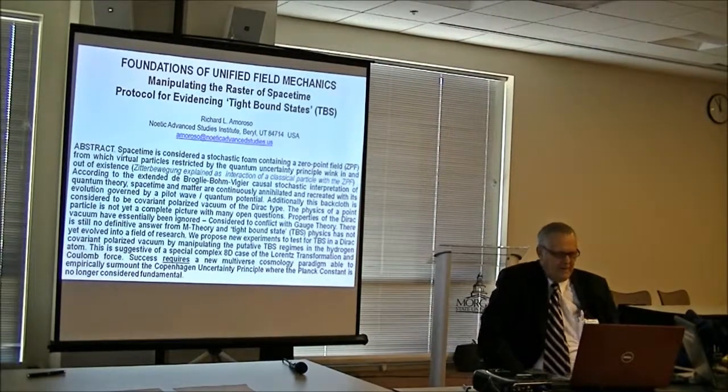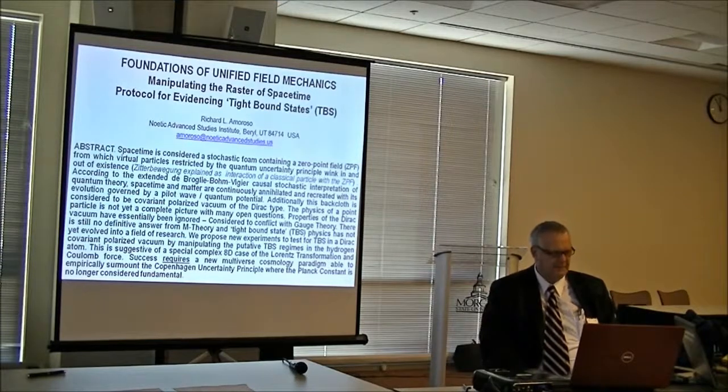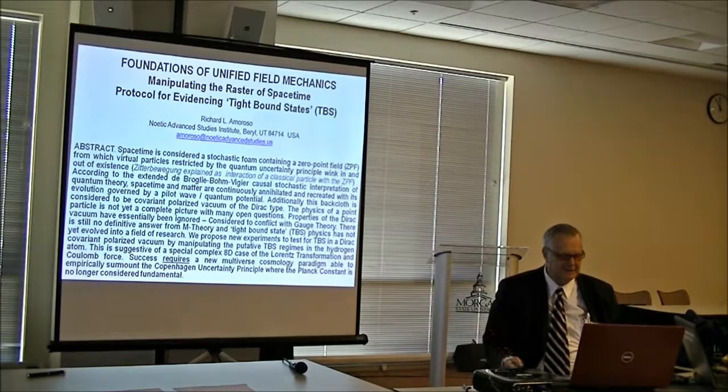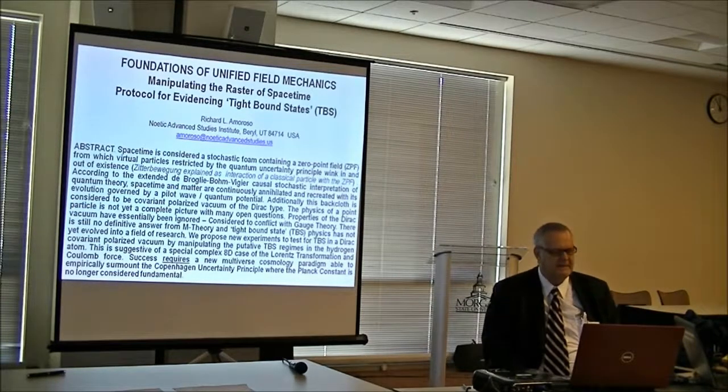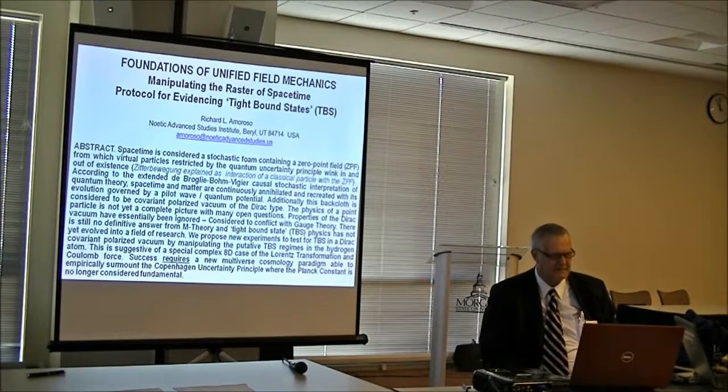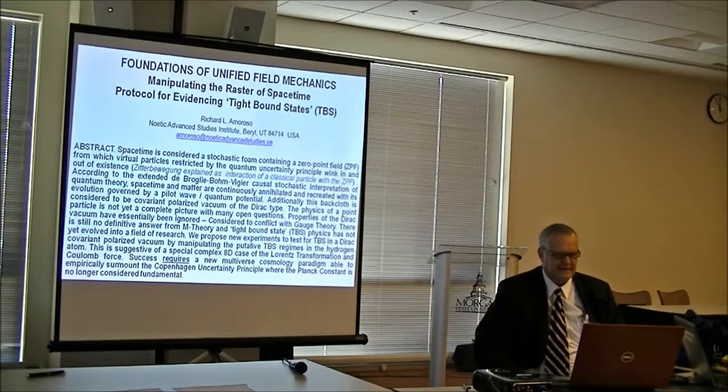As you may know, in the de Broglie-Bohm theory there isn't a collapse as in the Copenhagen interpretation, but a continuous evolution, where space-time and matter are continuously annihilated and recreated, with this evolution governed by a pilot wave or quantum potential. In this model, the backcloth is considered to be a covariant polarized vacuum of the Dirac type.